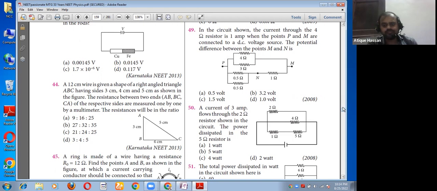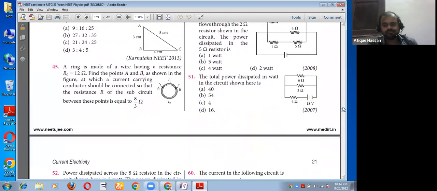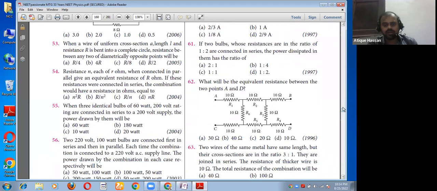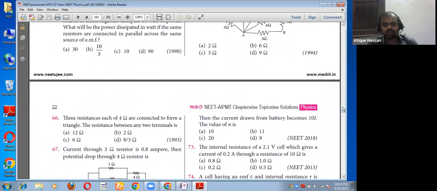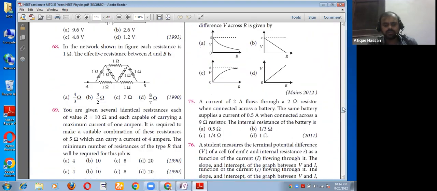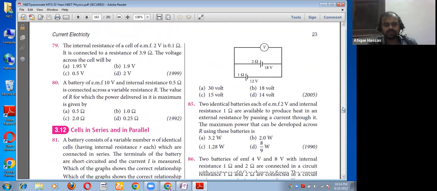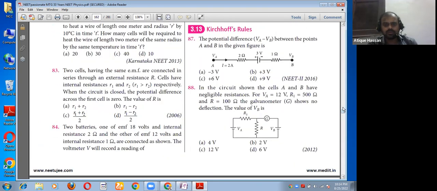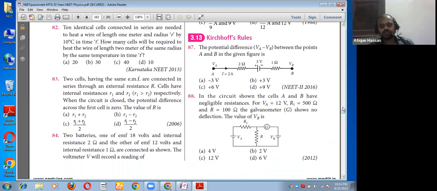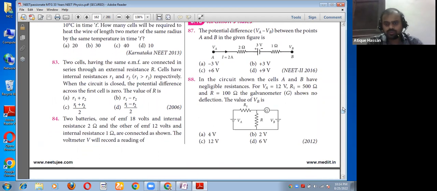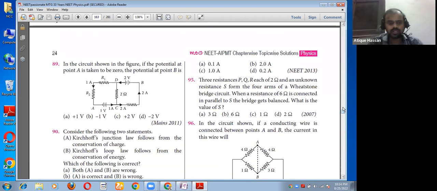First we will do questions based on Kirchhoff laws. Then we can do some other questions based on series and parallel combination of cells, which we have already discussed. So let us see this.